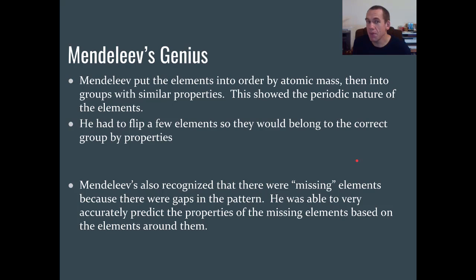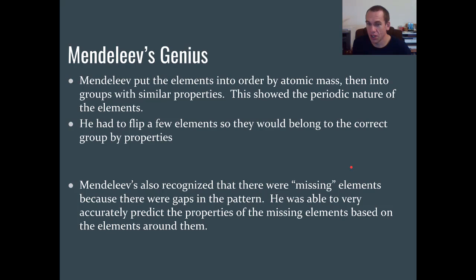And then the thing that made Mendeleev a genius at this was he did not assume that we already had discovered all of the elements. He assumed if there was a gap in his table, it wasn't because the pattern was broken, but because we hadn't found an element yet. And so he said, listen, we are going to find these other elements, and when we do, they'll have properties that fit right here.